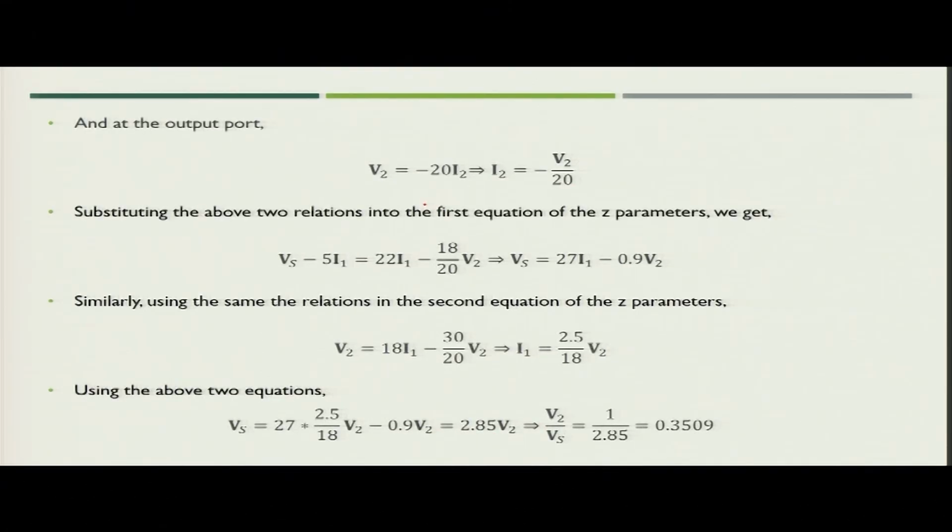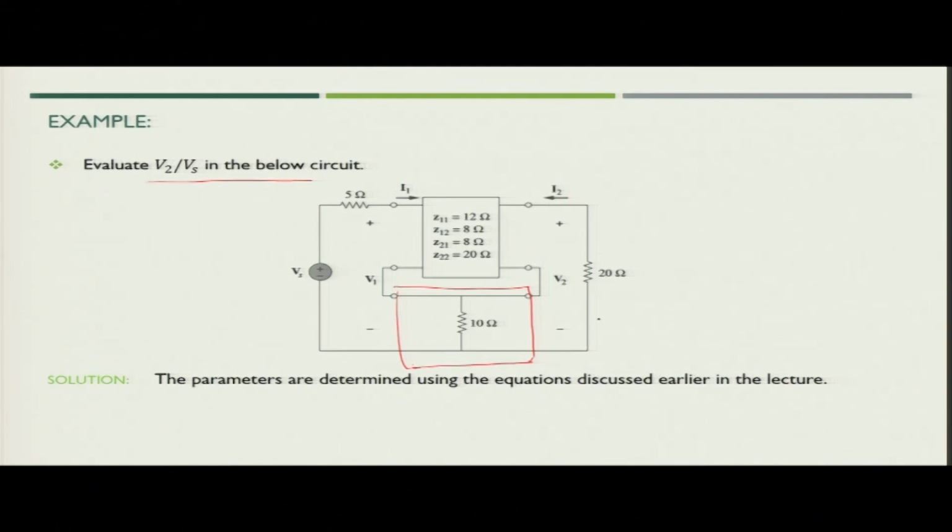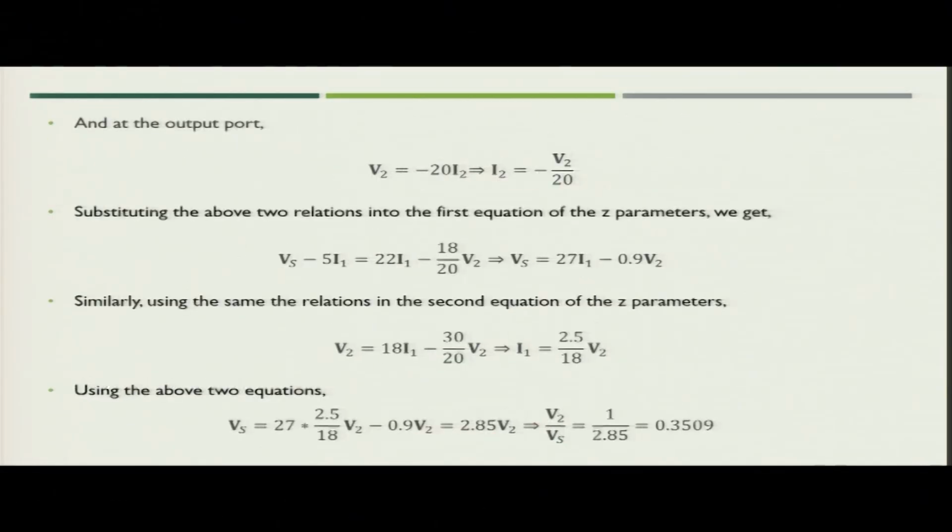For the output port, V2 is nothing but minus of 20 I2. So, we have now two equations coming from the given circuit conditions. So, V2 is equal to minus 20 I2, or I2 is equal to minus V2 by 20.